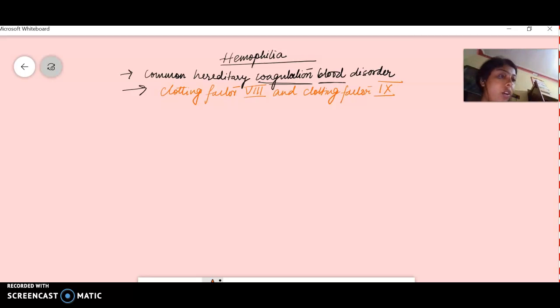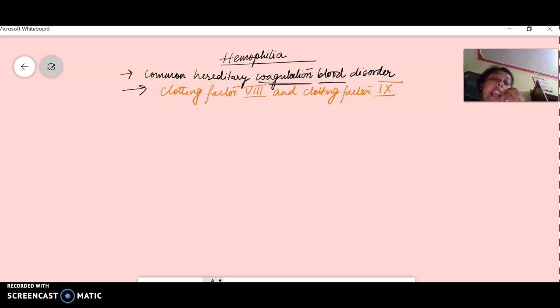So this is basically a disorder in which the clotting factors come into play, and if there is reduced activity of the clotting factor, it is linked with the coagulation of the blood, and so it is a bleeding disorder.